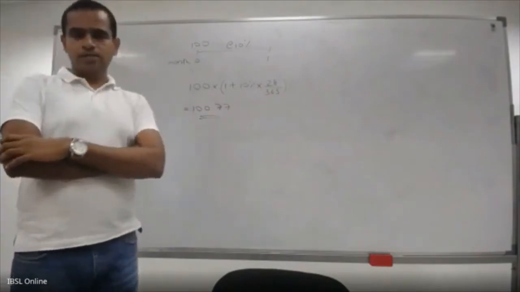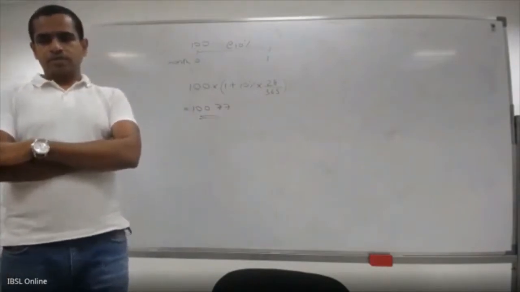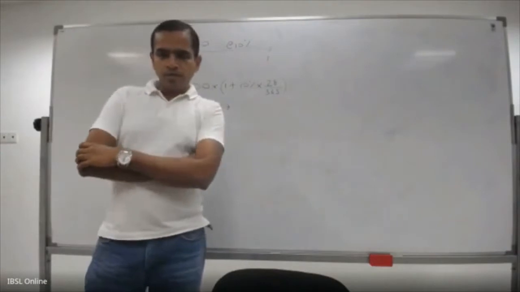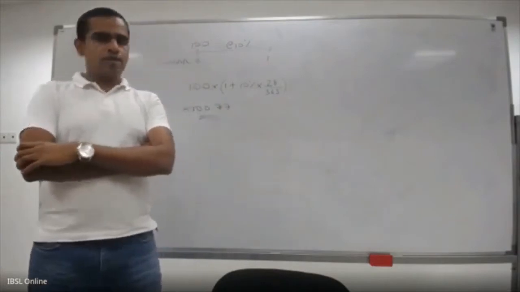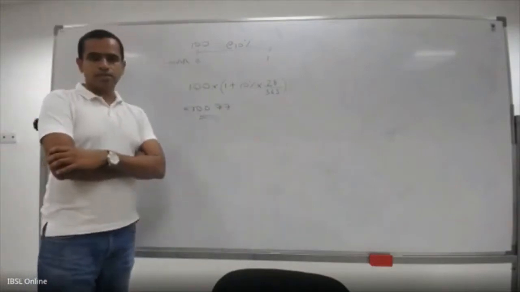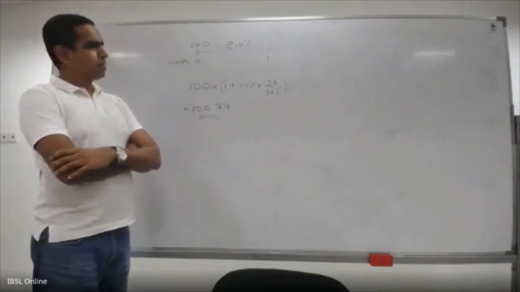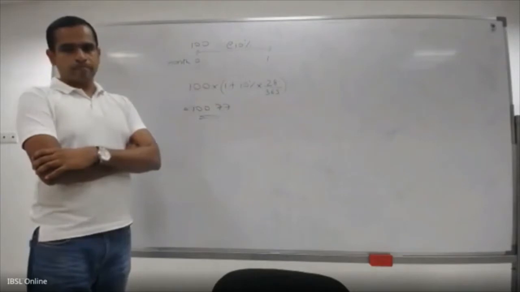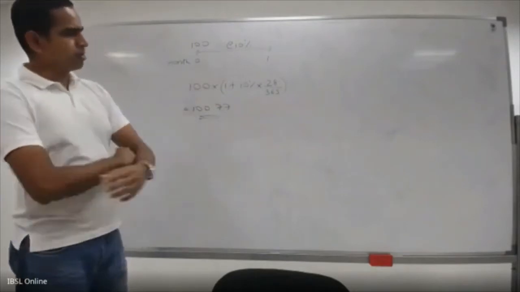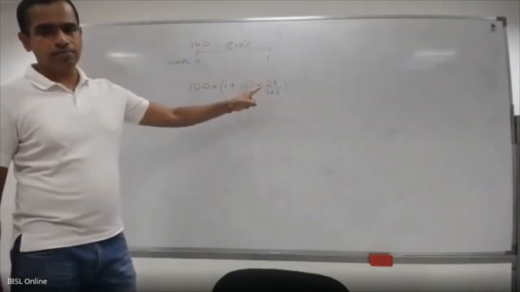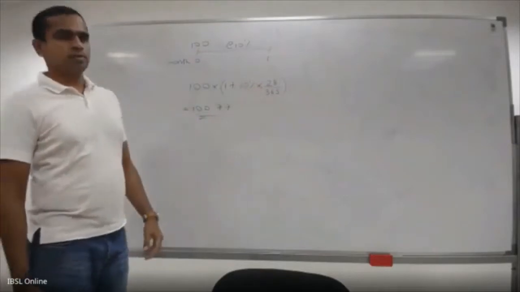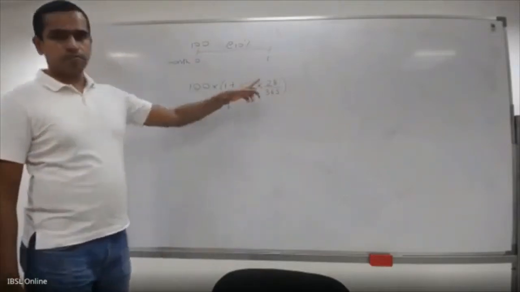Jaini, I don't know how many days. I took it as 28 days, the month of February. So based on the number of days you consider, the answer you get will be different.